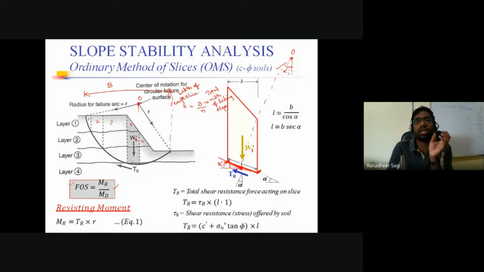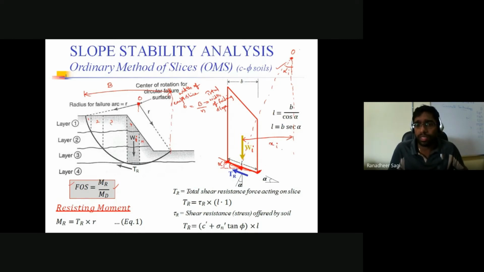Now, how much rotation is caused about point O because of the weight of that element? How much is the force causing rotation in the soil element? Weight into perpendicular distance we generally write down. So if this is the vertical axis, your weight W_i is at what perpendicular distance? I can say it is x_i.